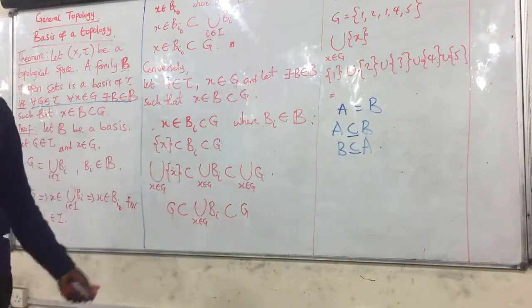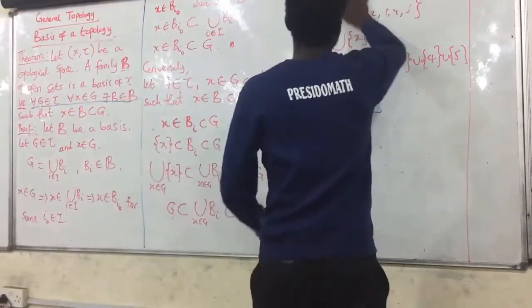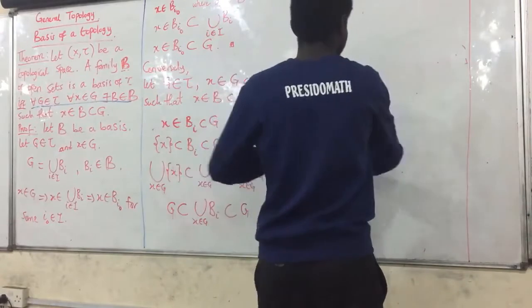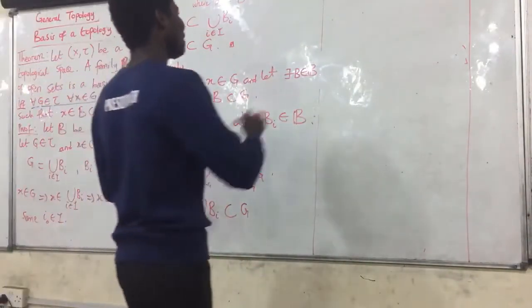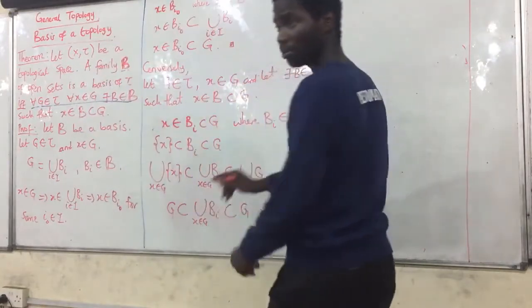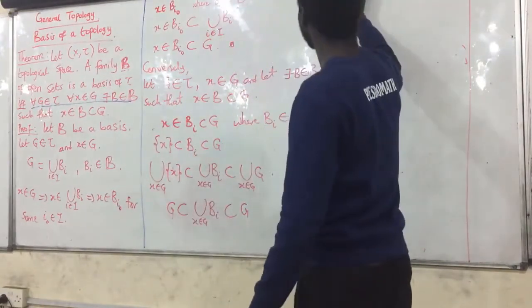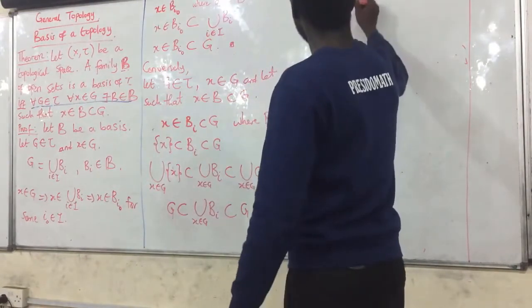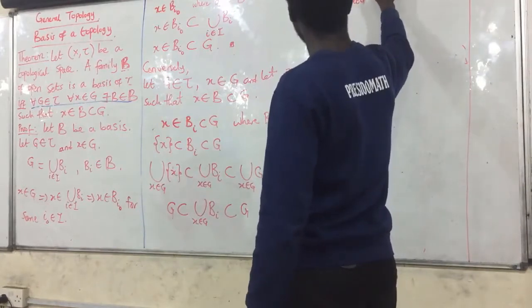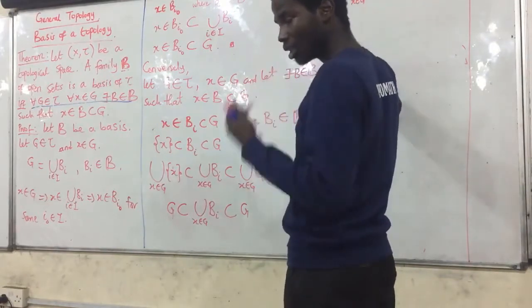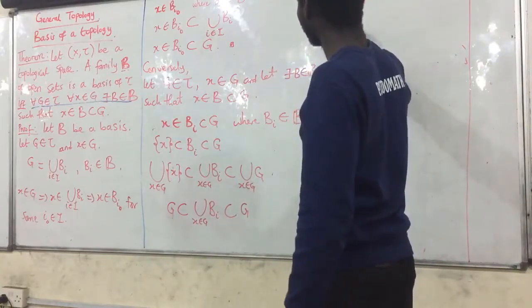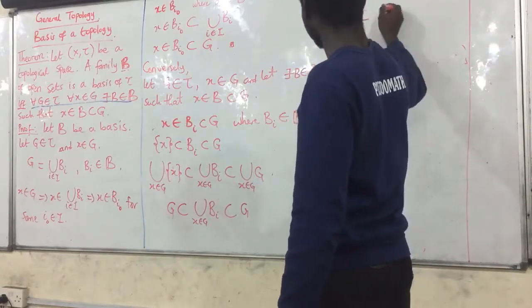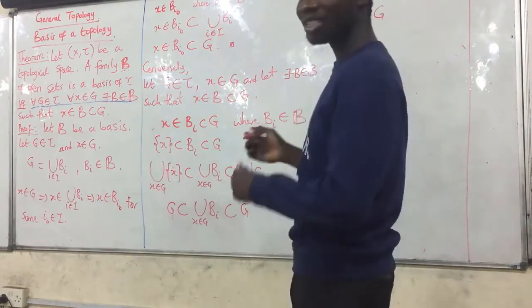To round up this proof, what do we have? We have G. So this G is inside what? The union of S in G of BI, right? Now let me write again. Union of S in G of BI is also inside what? G. What does this mean?